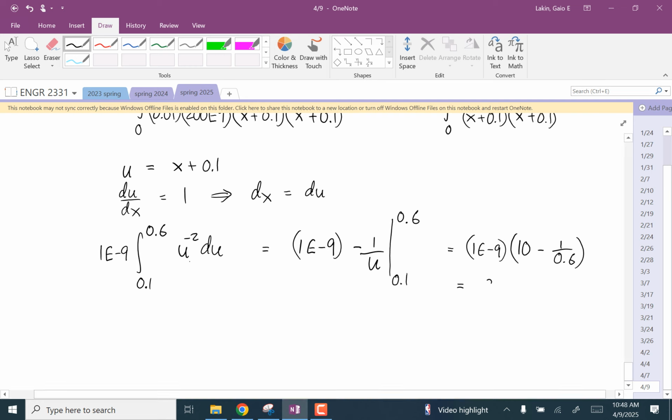And we get an answer of 8.3 repeating times 10 to the minus 9, and this is meters.